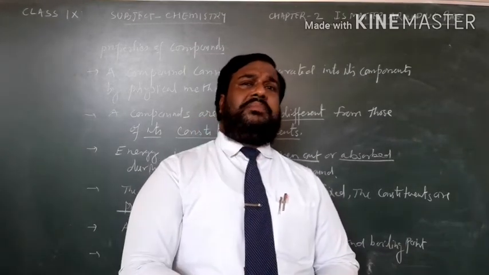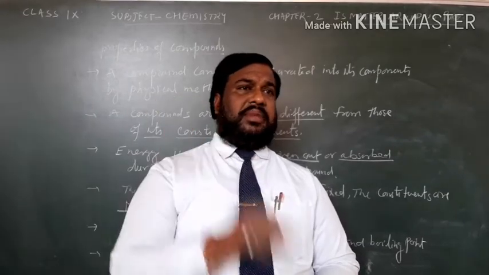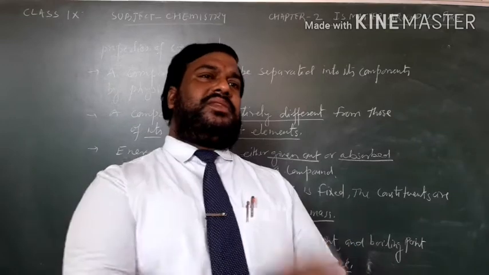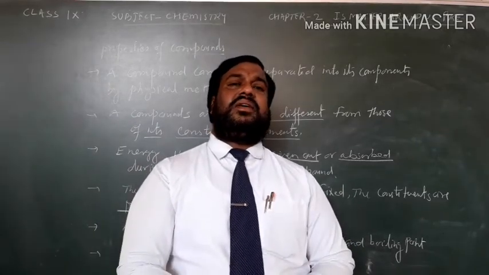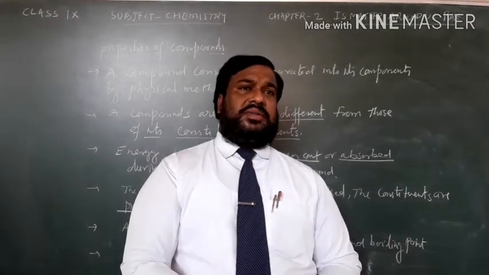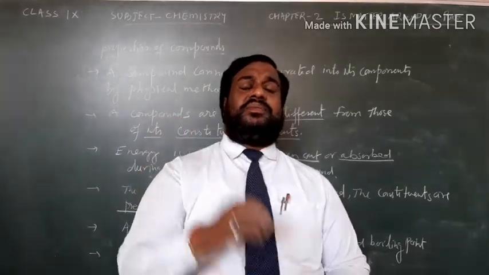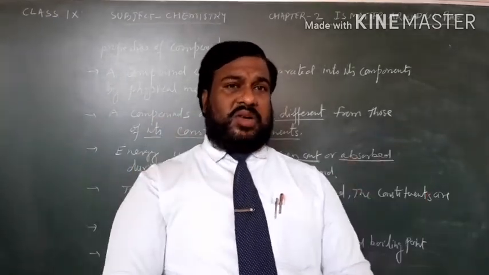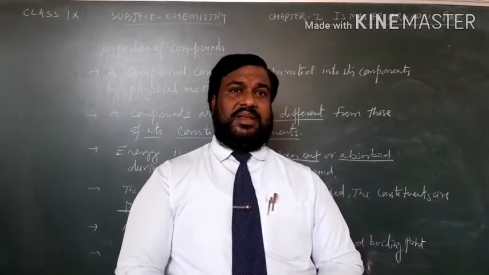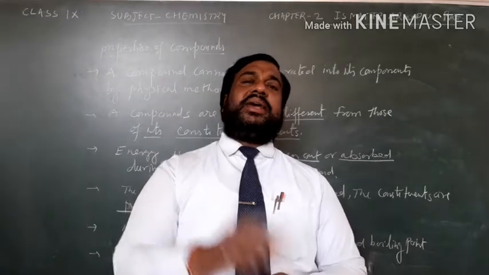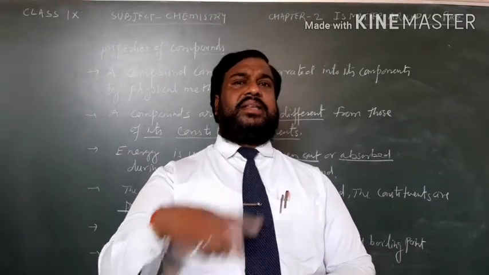With the help of a magnet, we can separate iron from sulfur. Now if we heat the mixture of iron filings and sulfur strongly, we cannot separate them with a magnet because a compound is formed.